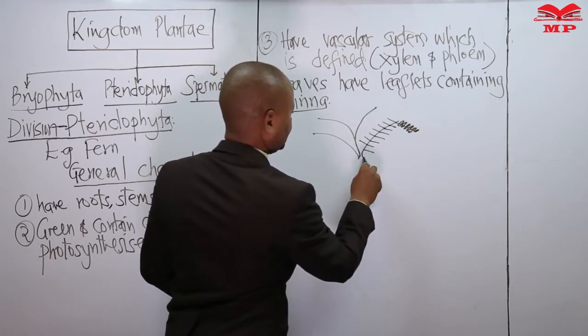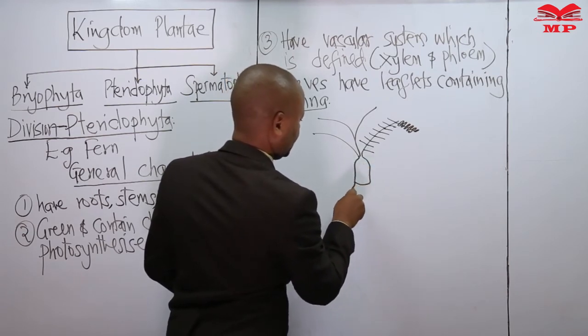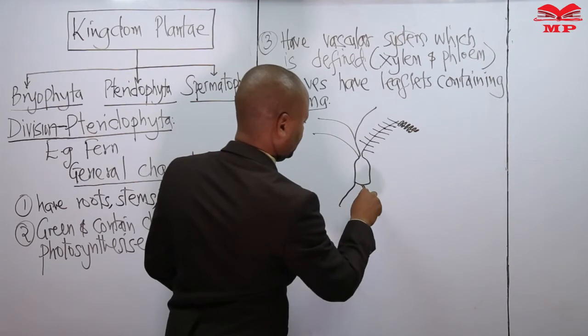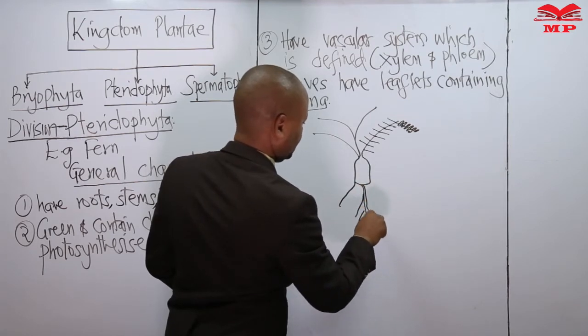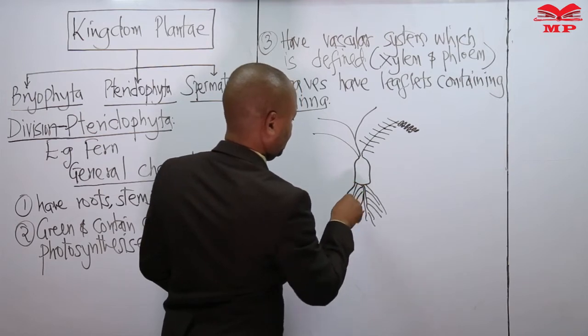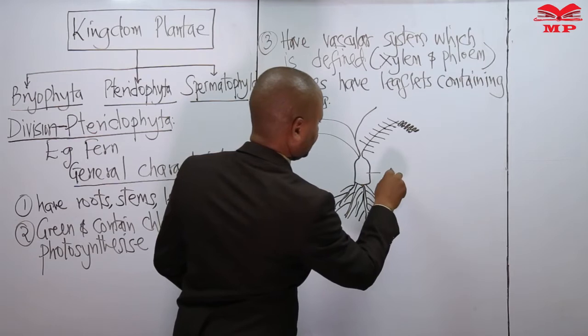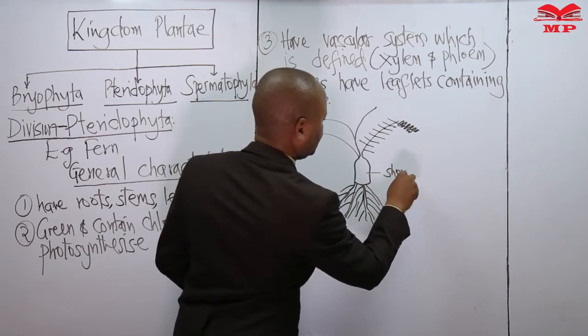Then it normally has a thick stem, and this thick stem has roots on it that are there for anchorage and for absorption of water. So this could be a stem, normally a short stem.